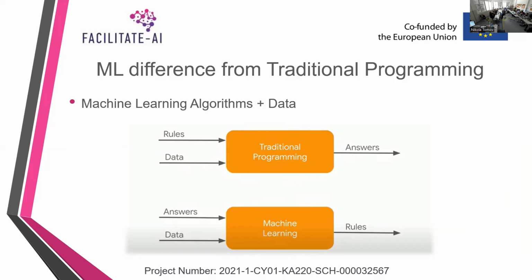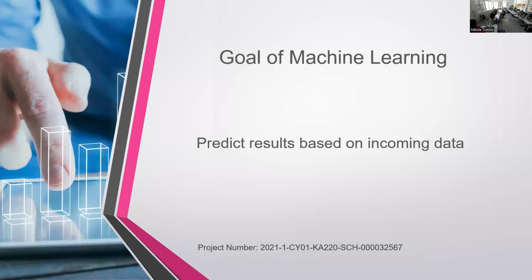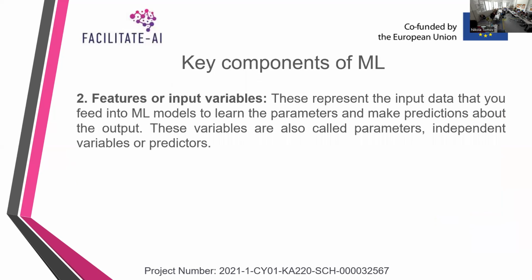So you give it the input and the answers, not the rules, and then it can create the way to win. This is the rule. You're right. Definitions can be mixed up.